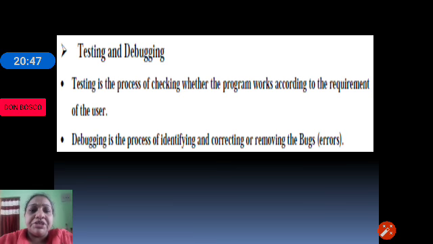You want to make sure that your program works fine in all situations. So you will check your program by giving different sets of values and checking the output. Before we confirm that our program is working correctly, we use testing.